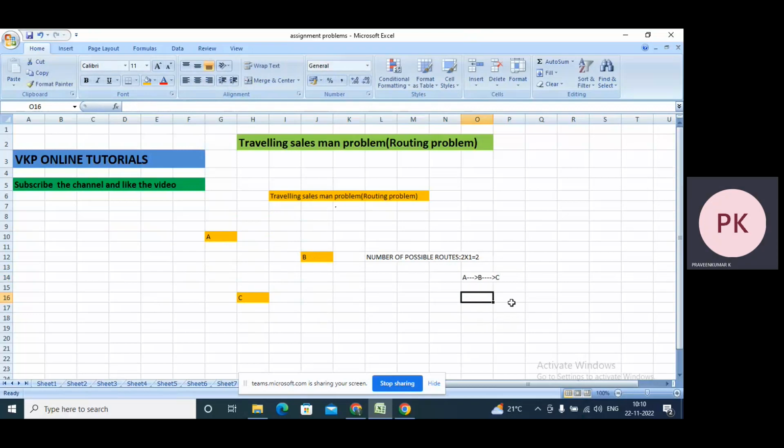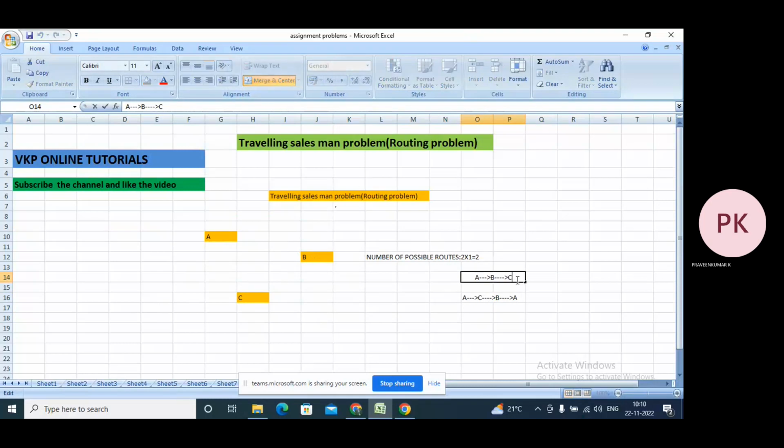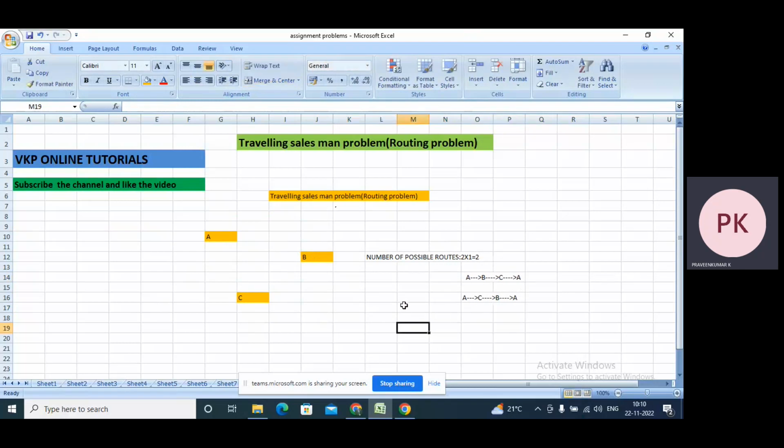The second possible route is A as the start point, then you will visit C, then you will visit B, then again you will come back to the initial position, that is A. This is another possible route. Here again you need to come back to the initial position, that is the start point, the origin. So these two are the possible routes.